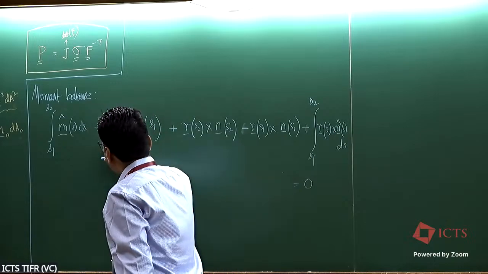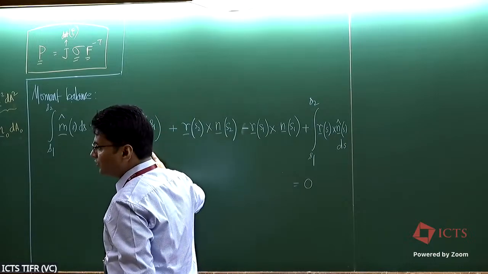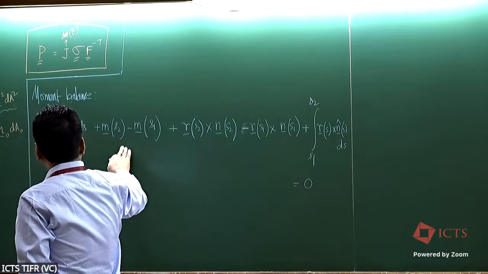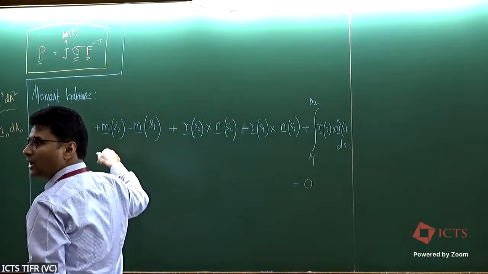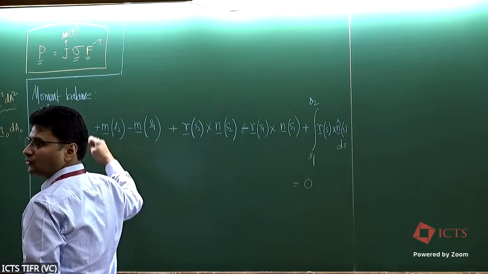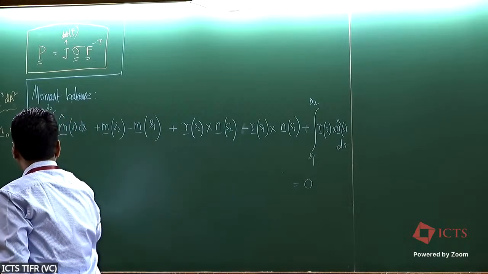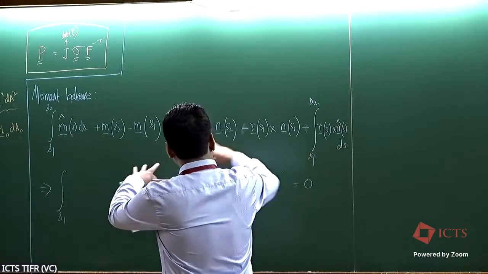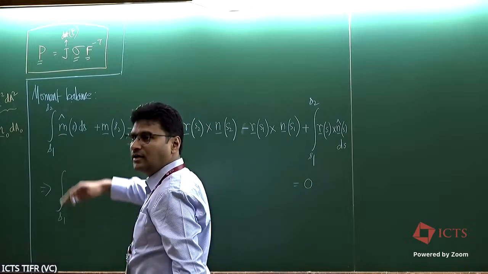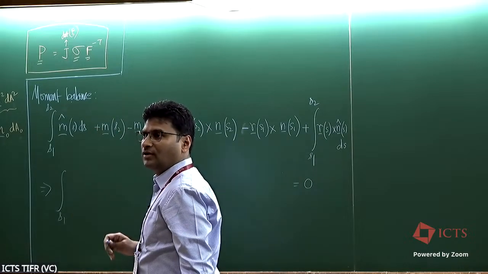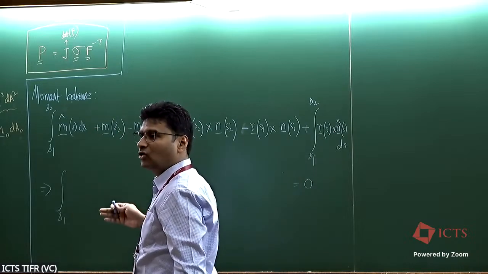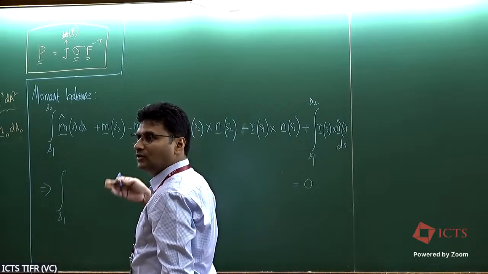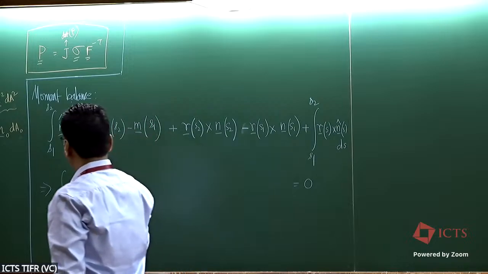As far as this is concerned, we can do the same thing that we did over there. We can write it as the integral of m prime ds from S1 to S2. The goal is to write down everything as the integration from S1 to S2, so that you can then use the localization argument and find out what's the underlying ODE for the equations.